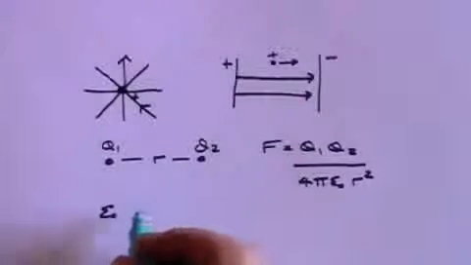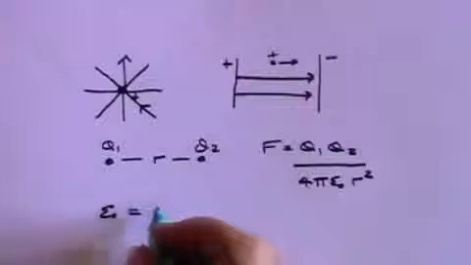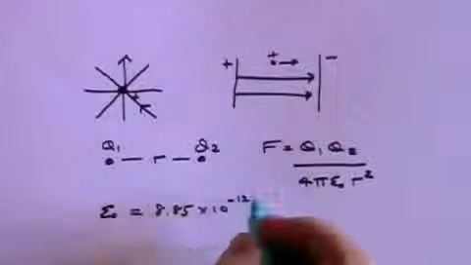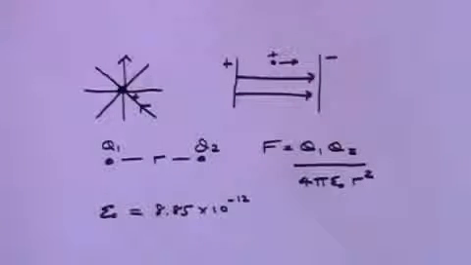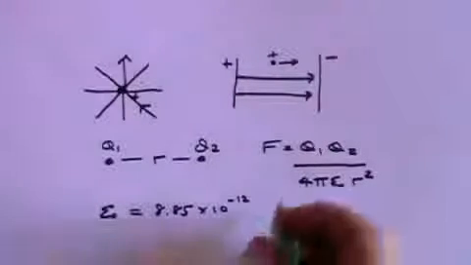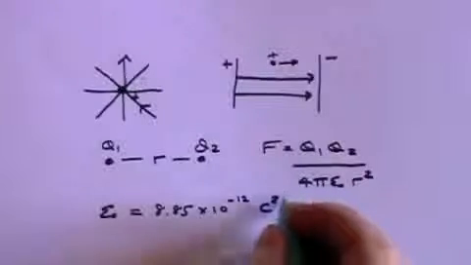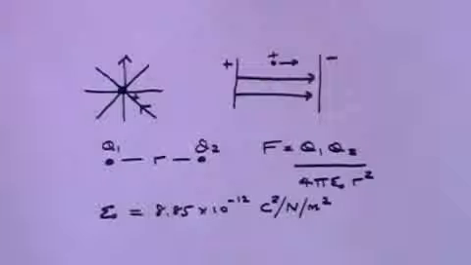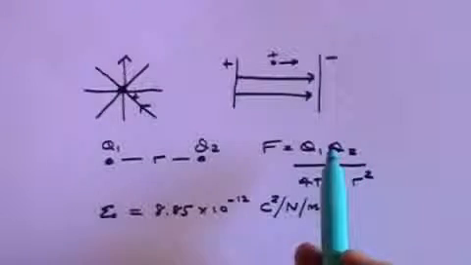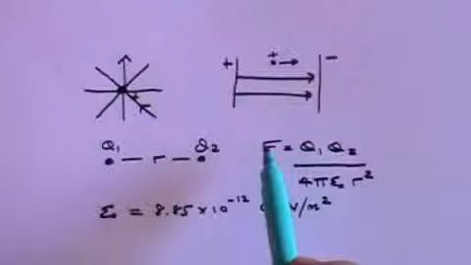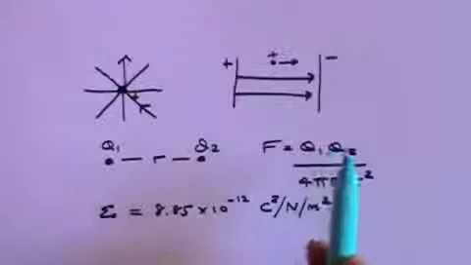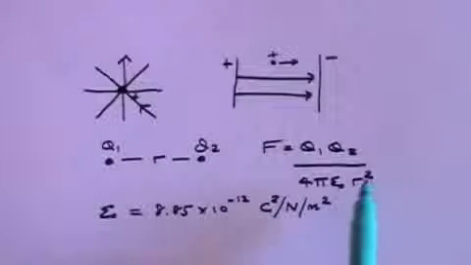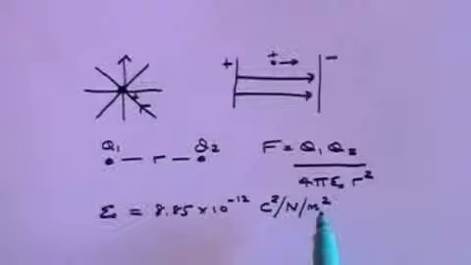Epsilon naught has a value, it's the permittivity of free space, and that is 8.85 times 10 to the minus 12. And then the units can vary. Sometimes it's Coulomb squared per Newton per meter squared, which of course is what you need to be dimensionally consistent, because the force will be in newtons, the charge will be in coulombs, and since there's two of them it'll be Coulomb squared, and r squared will be in meters squared.